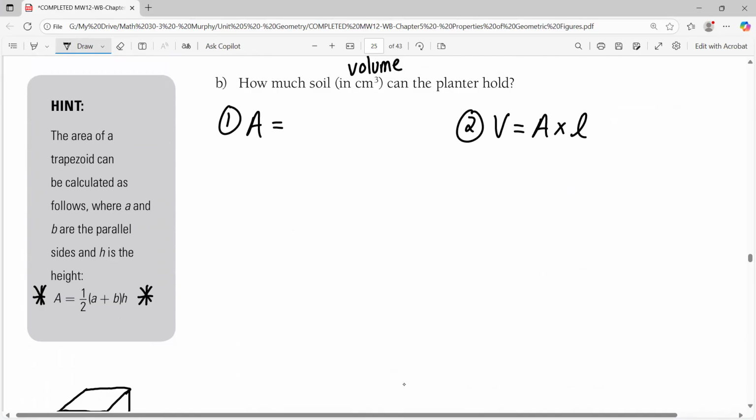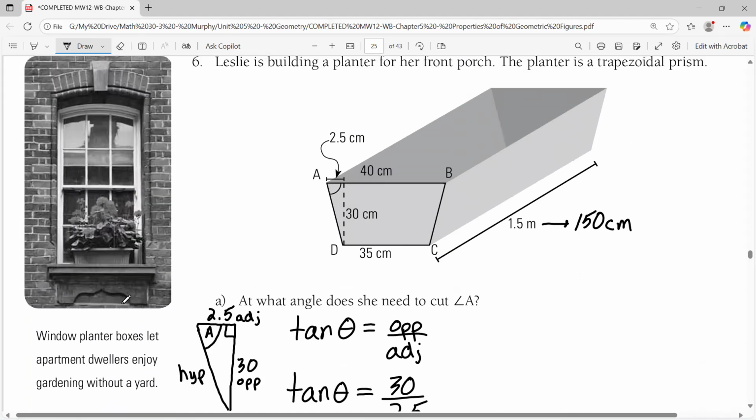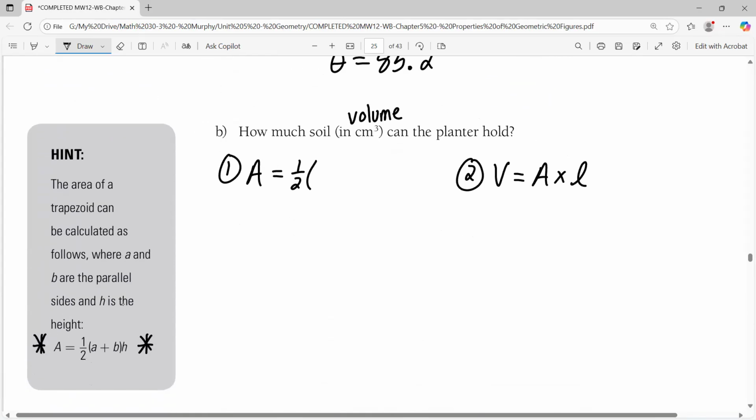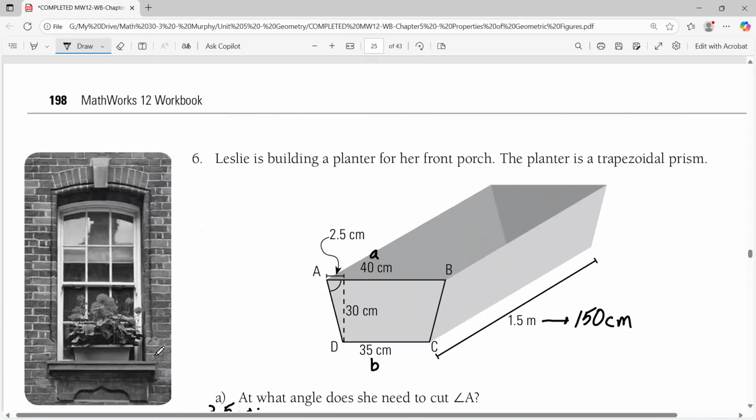Okay. So we got 1/2 times (A plus B) times the height. A is the length of the parallel sides, and so is B. And it doesn't matter which one you label. So this could be A, this could be B. You could switch them. We're just adding them together. The order there doesn't matter. So I think I went 40, 35, and the height is 30 right here.